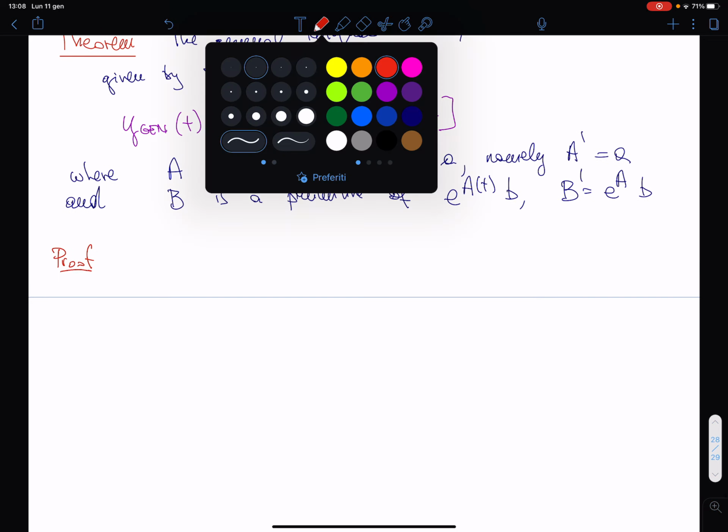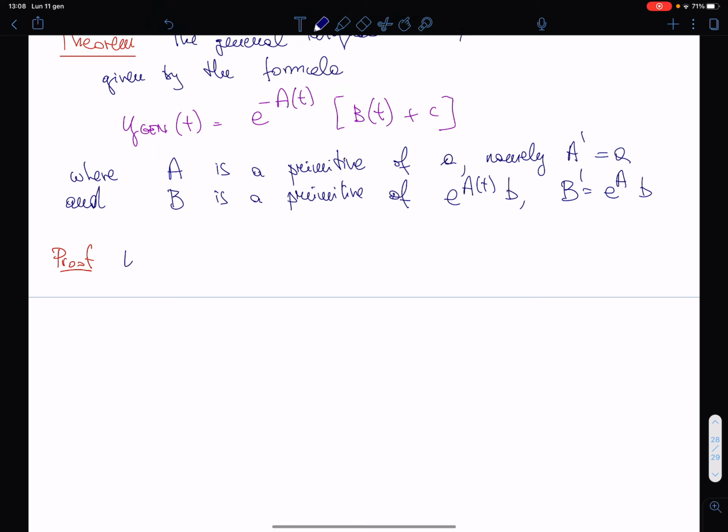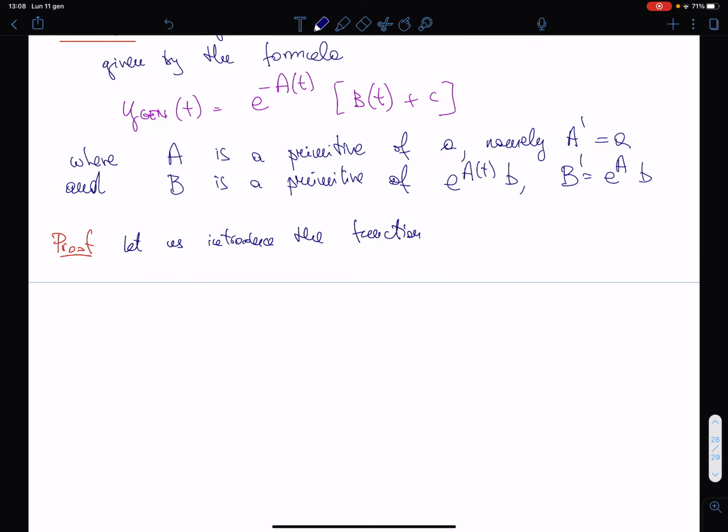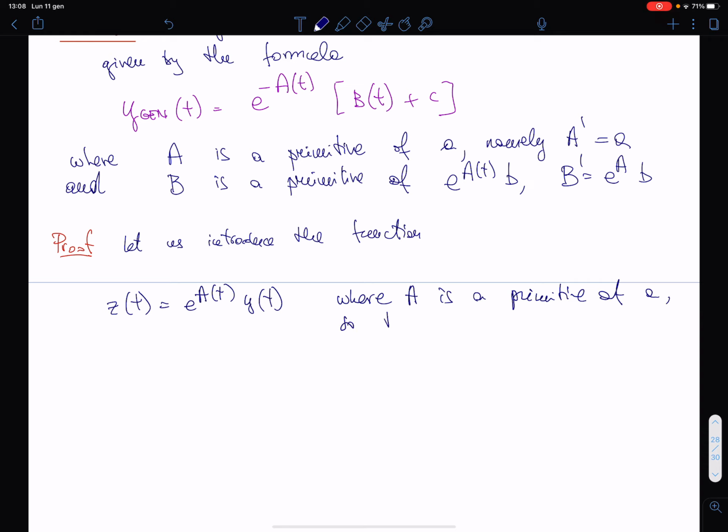First of all, let us introduce a new function. z of t is equal to e to the capital A of t y of t, where capital A is a primitive, whatever primitive you find, any primitive of small a, so that capital A prime is equal to a.